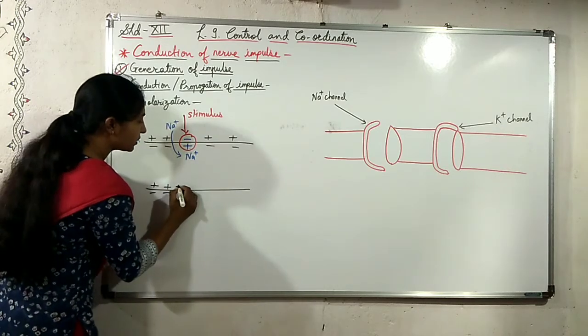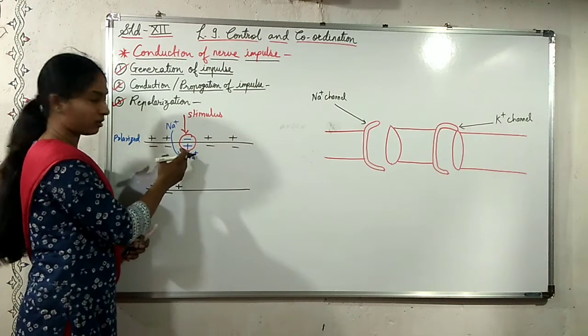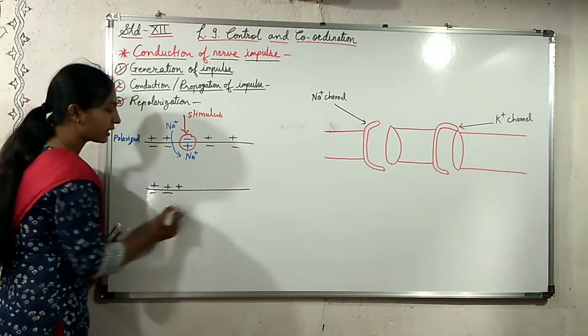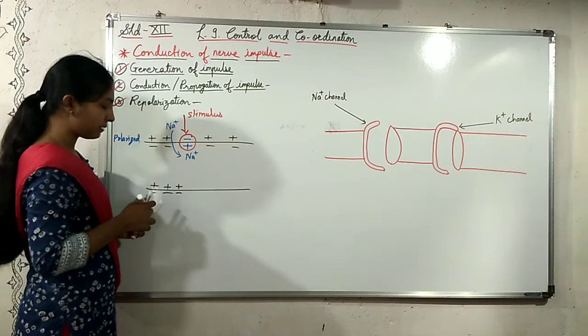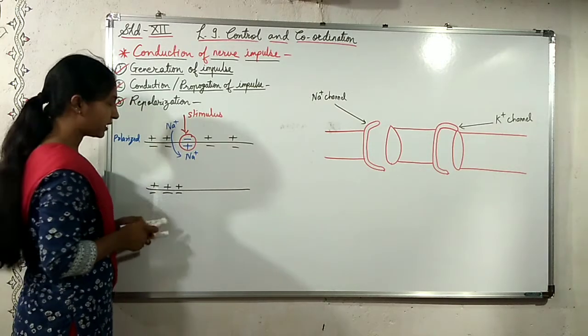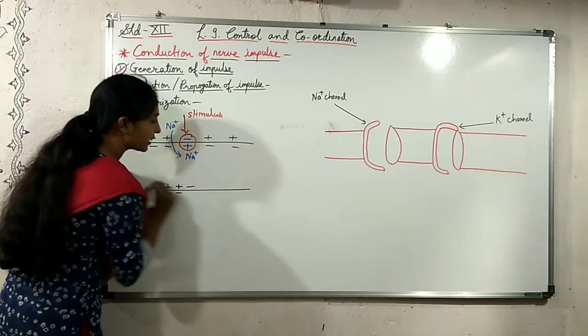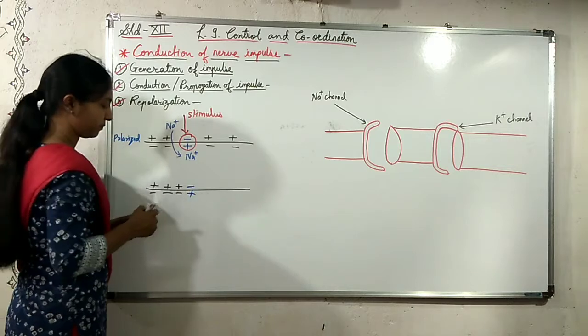So the third point will again become repolarized. It will gain the positive charge on the outside and the inner side will again become electronegative, whereas the fourth point will become electronegative on the outer side and electropositive on the inner side.